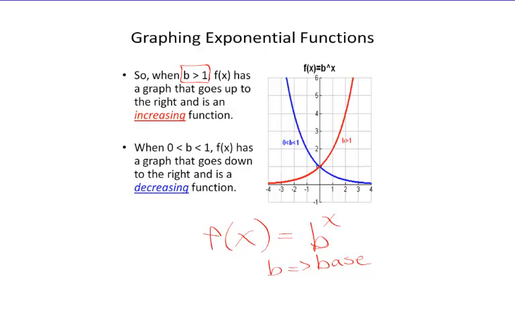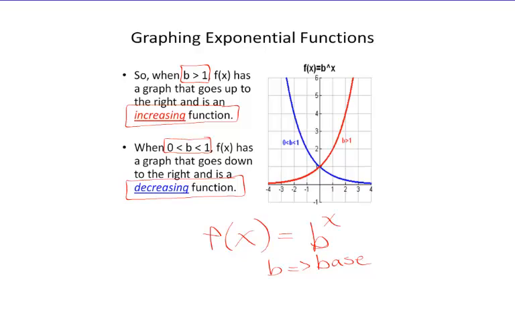When our base is greater than 1, our function will be everywhere increasing. That's the red graph that's on the page in front of you. When our base is fractional, or between the values of 0 and 1, our graph will be everywhere decreasing. In both of those cases we have a horizontal asymptote at y equals 0, or along the x-axis.